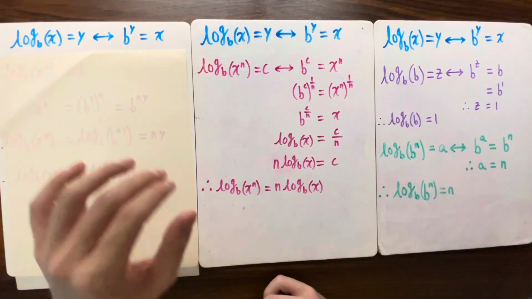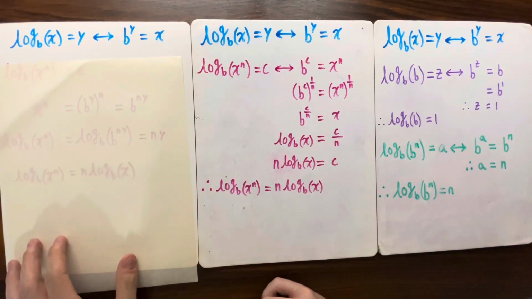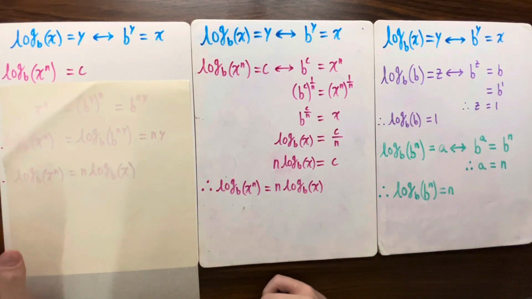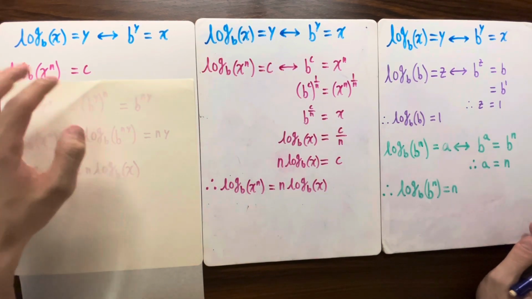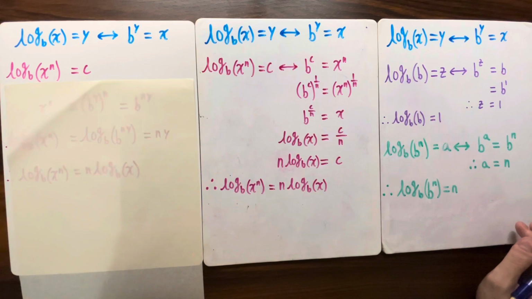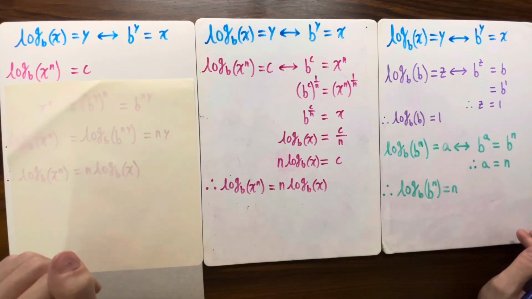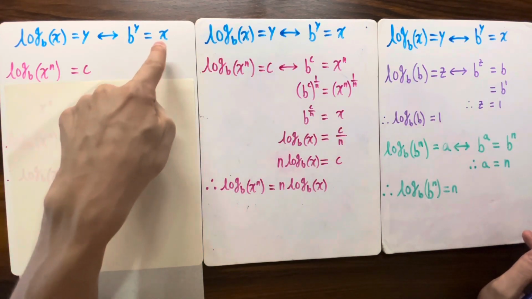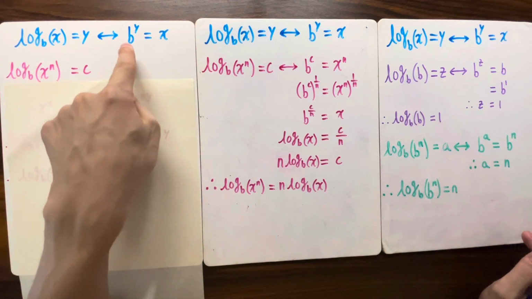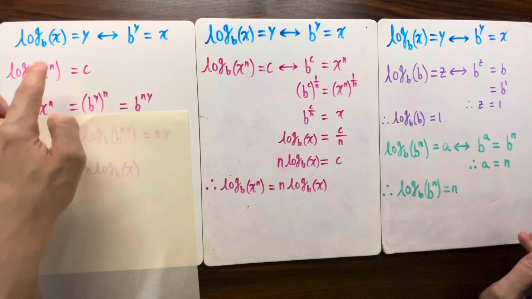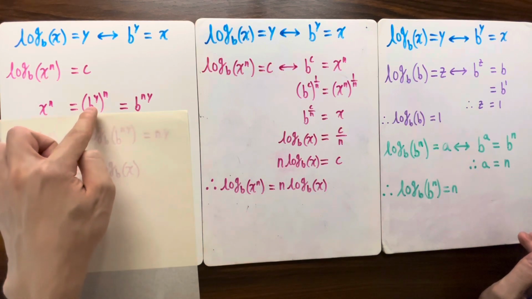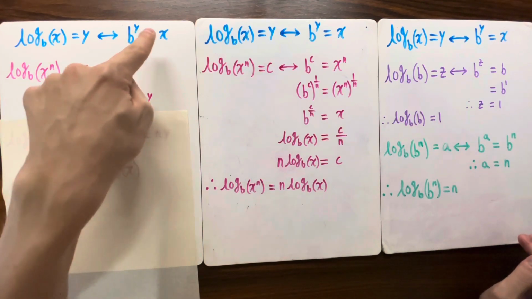Going back to the same definition, we want to figure out what is log base b of x to the n. Well, we don't know what it is, so we can just call it c like we did over here. But by doing this, we know what x is because the definition, x is equal to b to the y. So that would mean that x to the n is the same thing as b to the y to the n, because b to the y is equal to x.